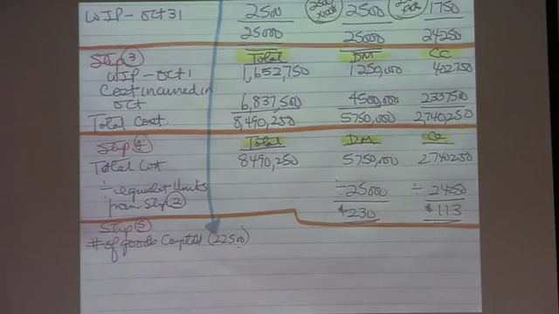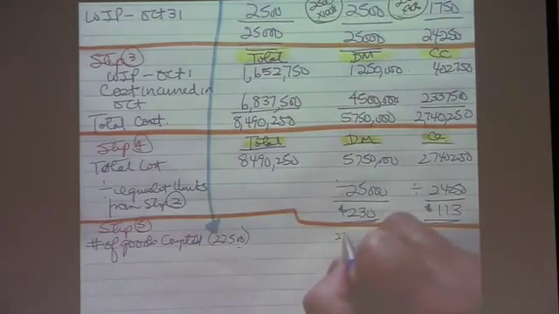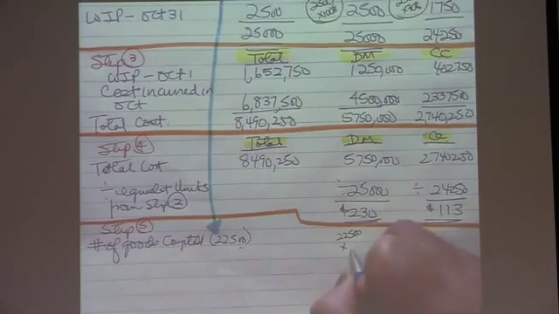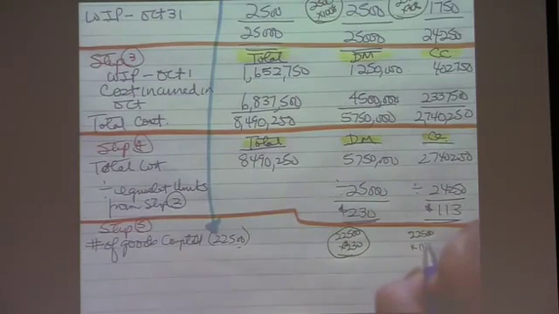So for this one, it's 22,500 times $230, and this one is 22,500 times $113.